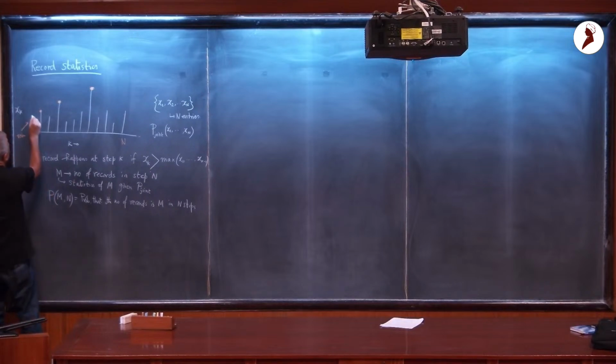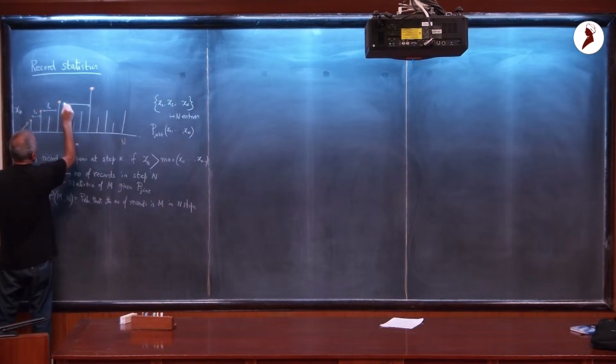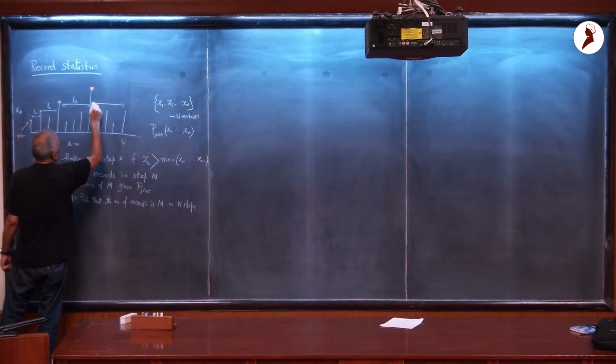Then you can also ask about the ages of the records. So for example, this guy didn't survive one step, it got broken immediately. This guy survived, and his age is defined as the time distance between two records. So this will be L2, this will be L3, and till the end, in general, Ln is the last.